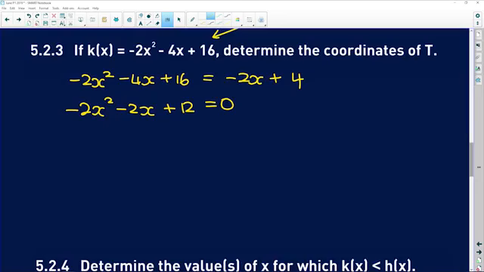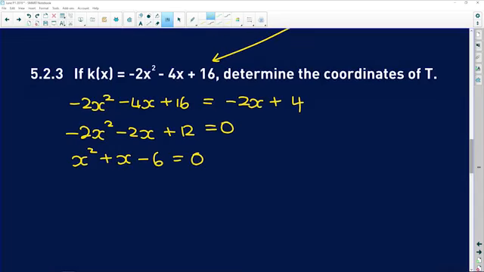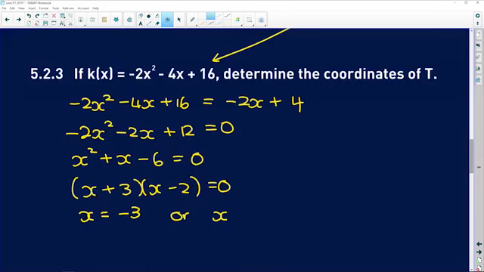Okay. So now to simplify this equation, I'm going to divide by negative 2. So we get x squared plus x minus 6 equals 0. Okay. Now, easy peasy, (x plus 3)(x minus 2) is equal to 0. And therefore, x is equal to negative 3, or x is equal to 2.